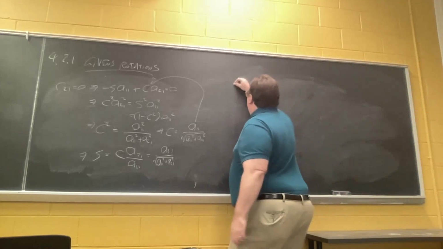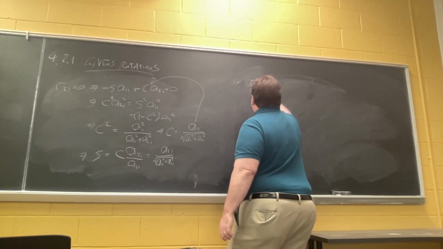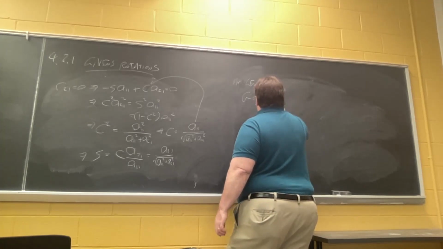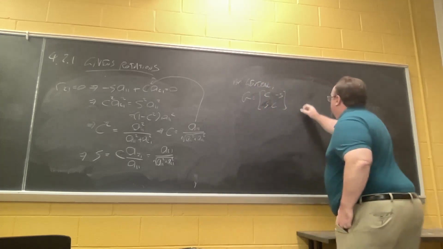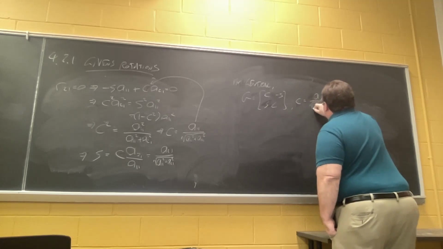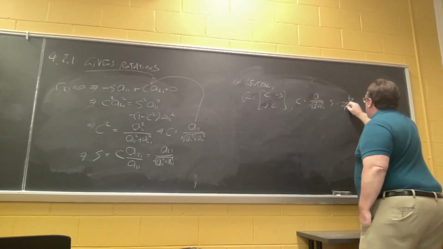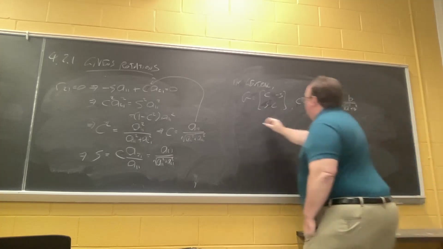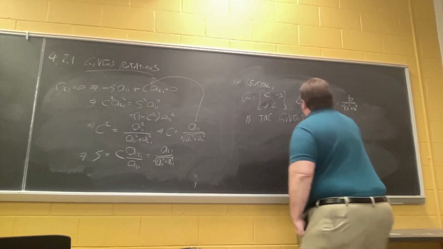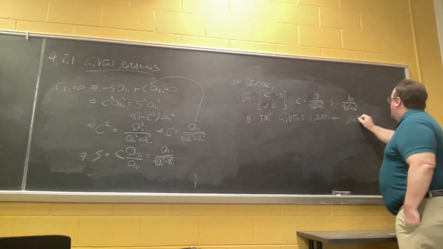So, in general, the matrix G given by C, minus S, S, C, where C is equal to A over the square root of A squared plus B squared, and S is equal to B over the square root of A squared plus B squared, is the Givens rotation that has this effect.